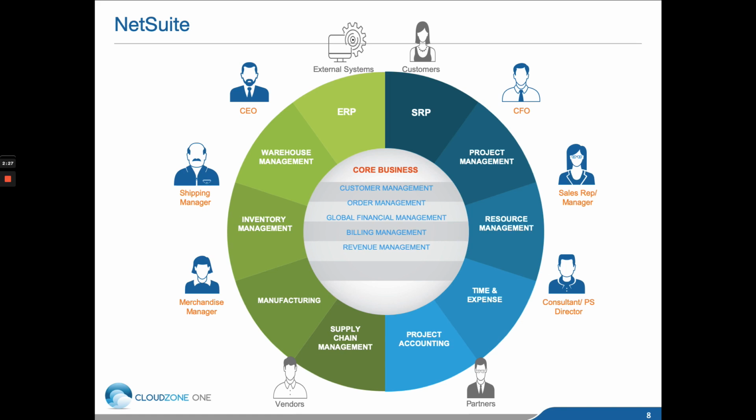Surrounding the core solution are the many advanced modules that NetSuite offers. These modules can further extend the functionality into more comprehensive areas to meet specific requirements for the various industries that NetSuite supports.